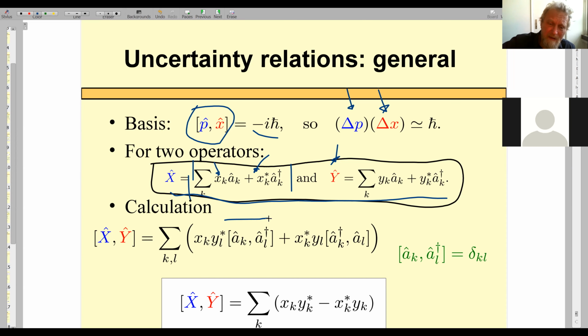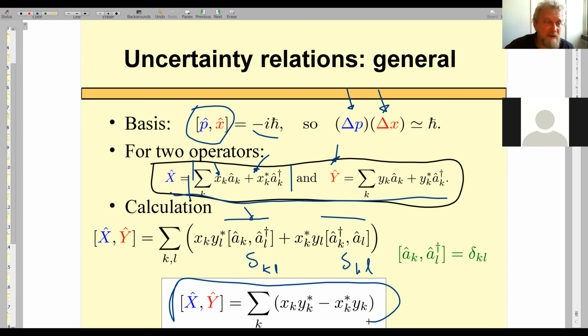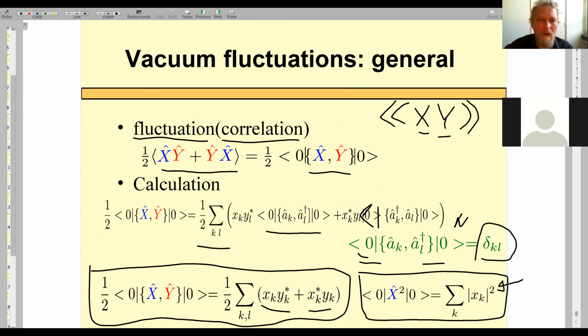So I substitute and express it in this way. But I know that the commutator of A and A dagger is just the Kronecker delta. That's why I get this commutator for any field operators. The commutator by itself is not an operator. It is a number, like for coordinate and momentum. And having the expression for field operators, we can understand what kind of a number it is.